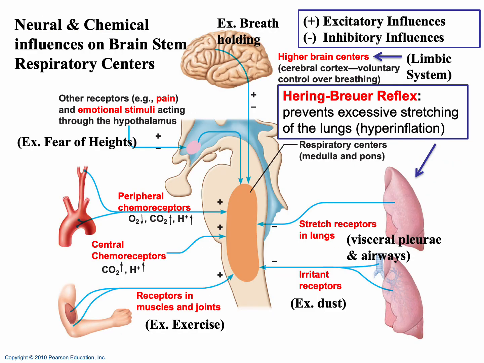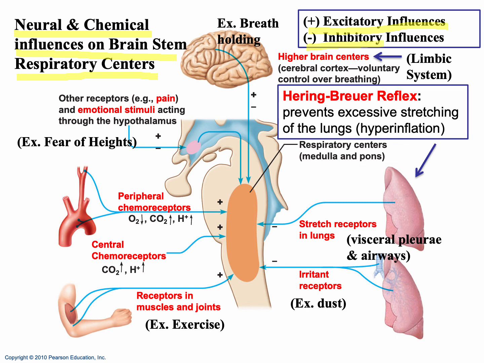All right. We're now going to take a look at neural and chemical influences on the brainstem respiratory centers. So there's going to be influences that can increase our breathing or decrease it, inhibit it.